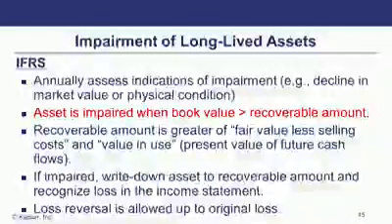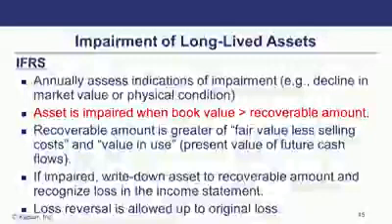We need to annually assess our assets for impairment if there are any indications that an impairment has occurred, such as a decline in market value, such as a decline in the market overall that this asset is being used in, and maybe sales have declined, maybe declines in physical condition of the actual asset itself.